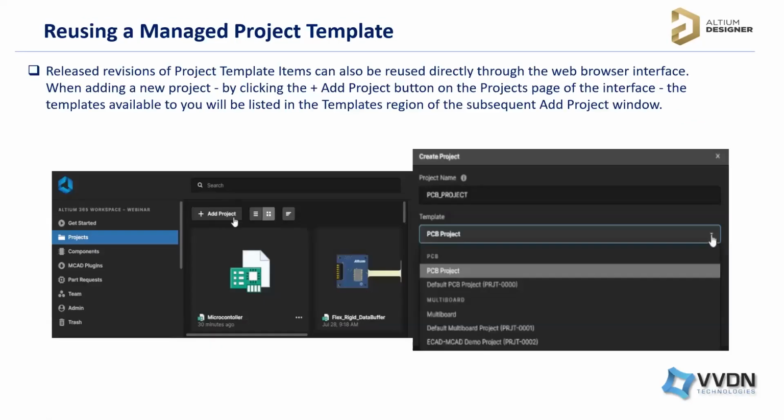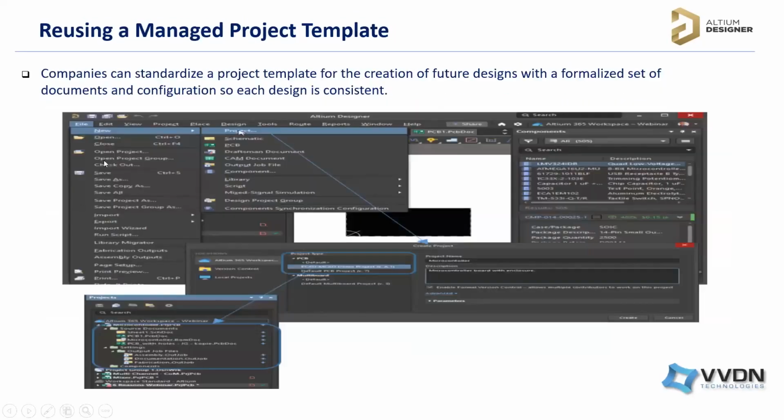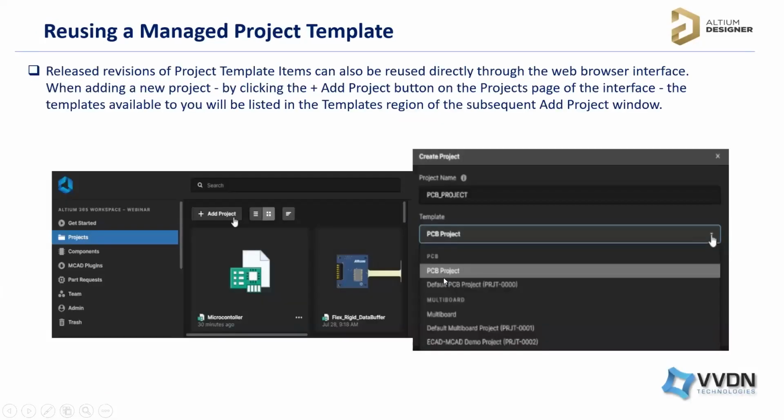So here you can see within the Altium Designer tool, we can add our project template. Apart from that we have managed project templates, so through Altium 365 also we can add our project. This is the web browser screenshot for Altium 365.